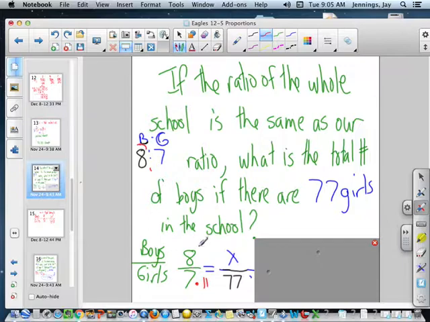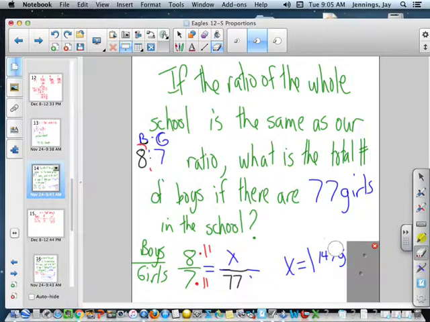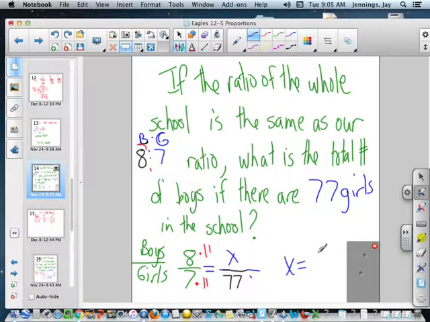So times 11, if we multiply the denominator by 11, we have to also multiply the numerator by 11. So then that means that we are going to get X would equal 88 boys.